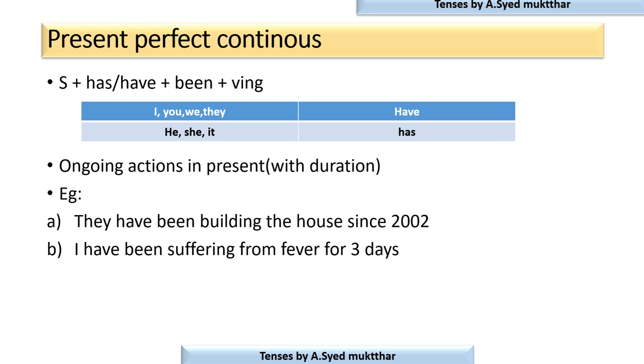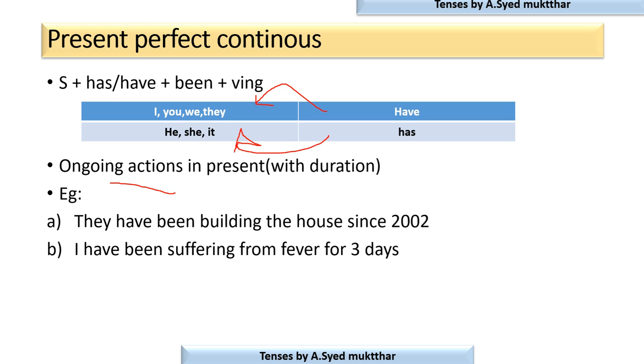The last cluster of present tense is present perfect continuous. The formula of present perfect continuous is subject plus has or have plus been plus verb plus ing. We use have in cases like this, and we use has when the case is like this. Present perfect continuous can be used for ongoing actions taking place in the present.